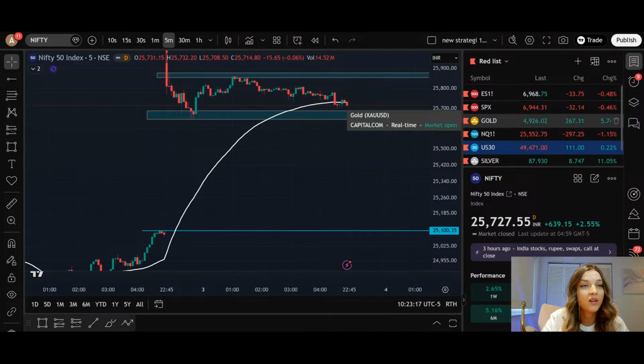Niagara Falls, what is that? I don't know what Niagara Falls is. It says it's a Niagara Falls formation. It's probably a pattern. Let's see. I never heard about it.